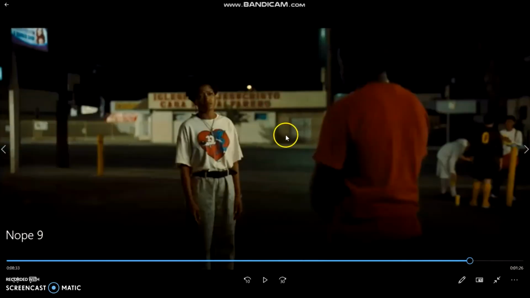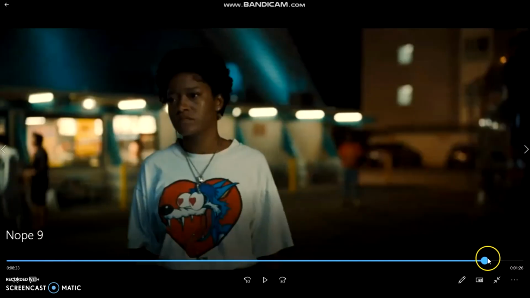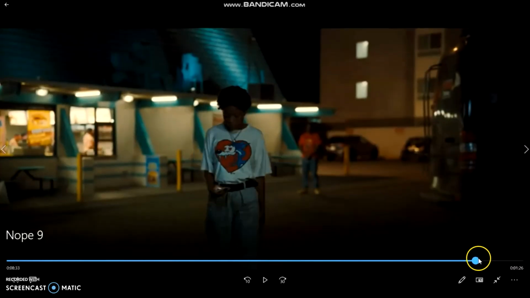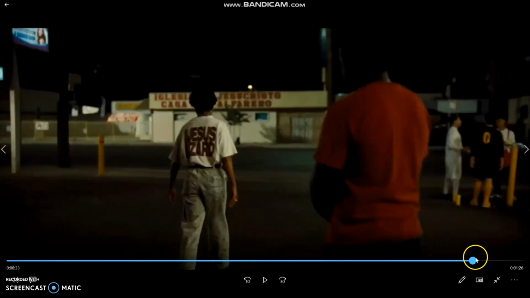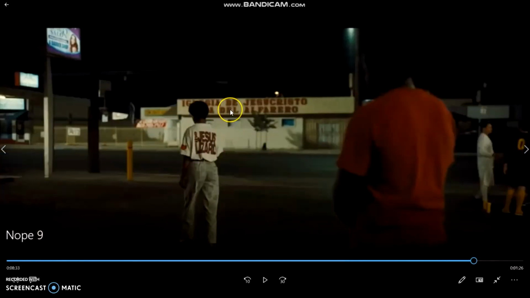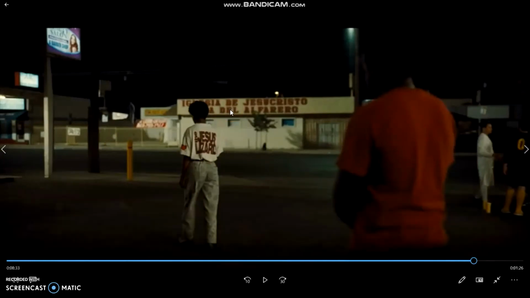And notice she's standing in front of this building, which is a church. It's a Hispanic church, Iglesia de Jesucristo. And maybe this is a giant stretch, but it's a Jordan Peele movie, and his symbolism is often very obscure and hard to pick apart.